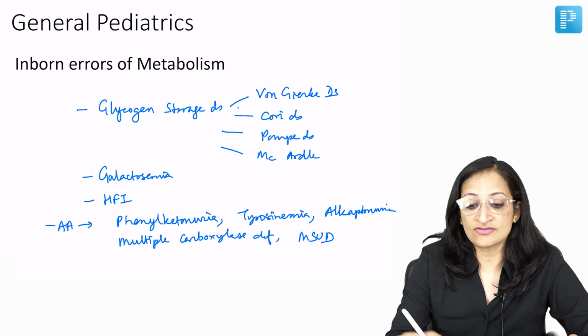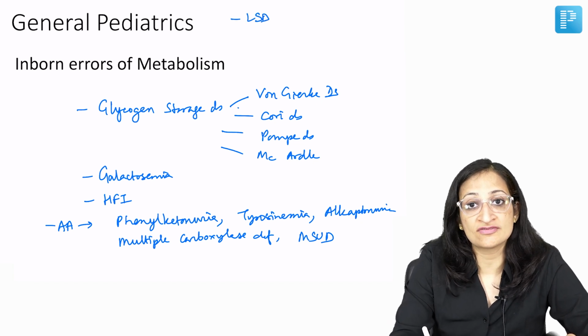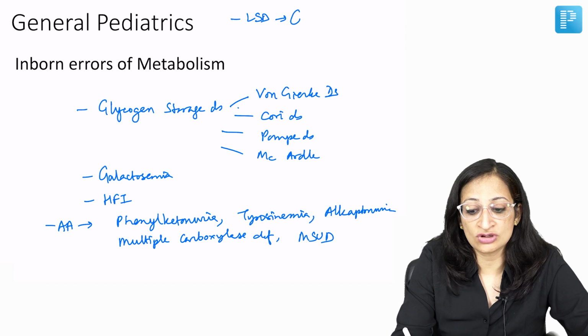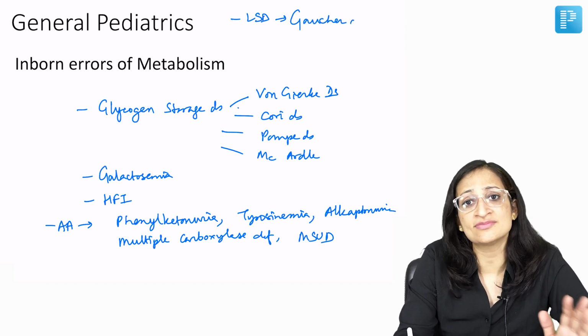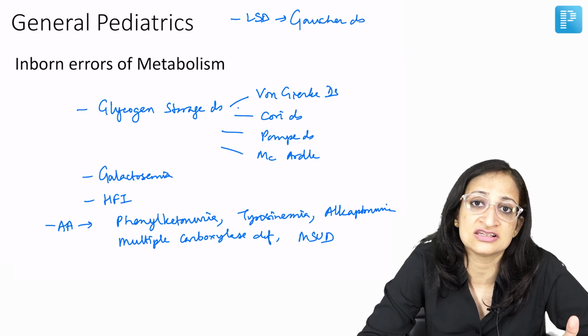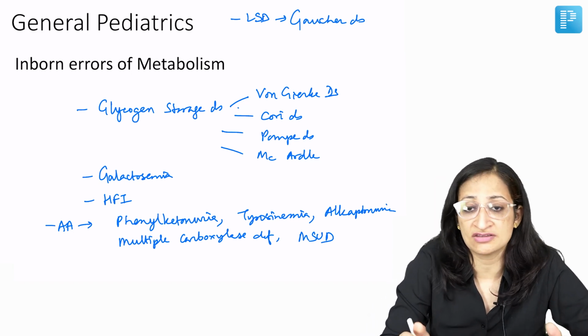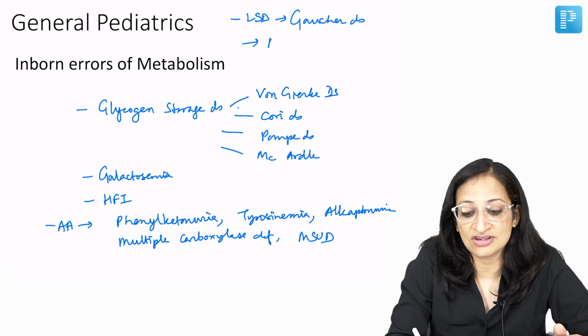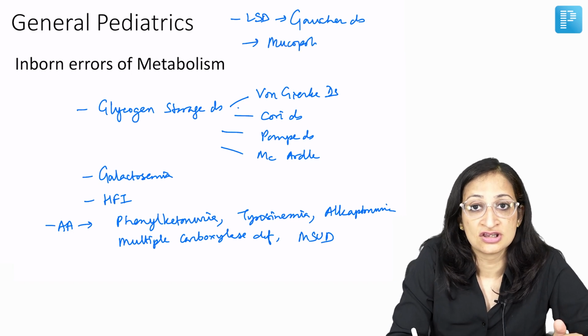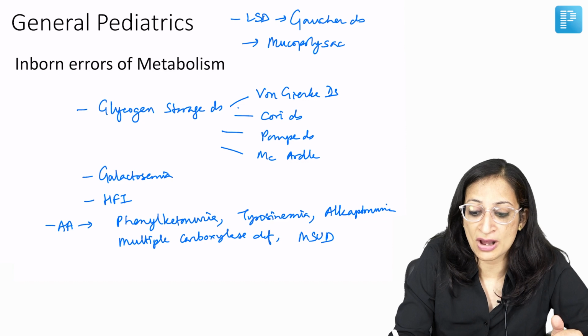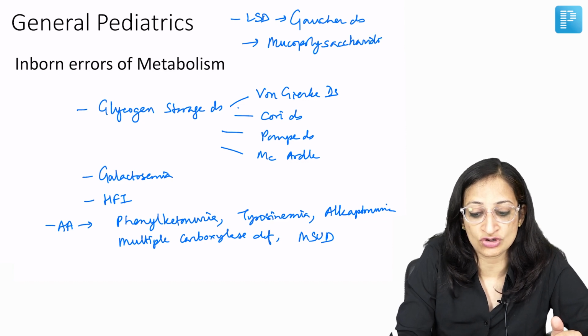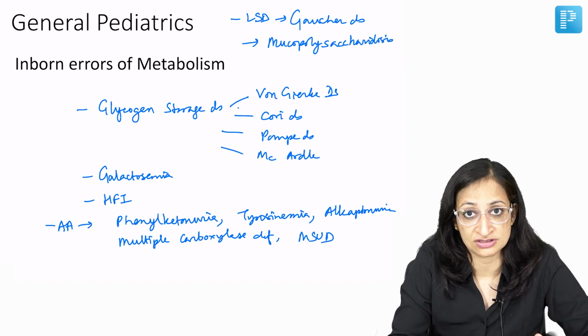Now, lysosomal storage disorders are very important, particularly Gaucher disease. n number of times, both in your NEET-PG as well as INI-CET, you've got case scenarios on Gaucher disease. Gaucher cells in pathology, very, very important. So Gaucher disease and various types of mucopolysaccharidosis are must-do topics which you cannot afford to miss from the inborn errors of metabolism.